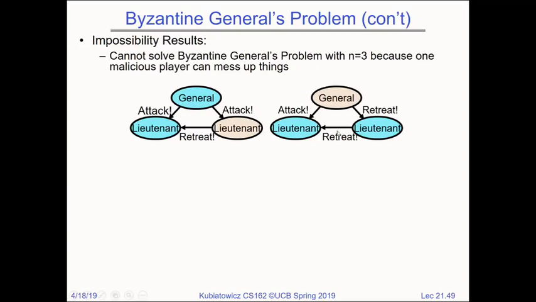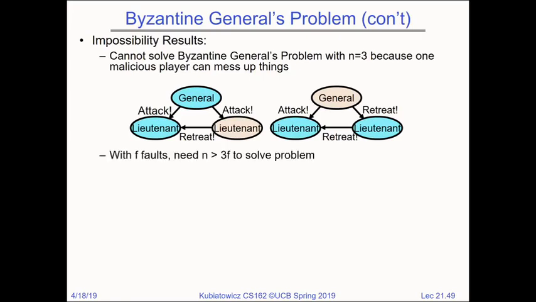And that's identical to this other scenario where the general is crazy, tells one lieutenant to attack, tells the other to retreat, and the second lieutenant, who's not malicious in this case, says, well, he told me to retreat. That poor guy on the left might as well give up now because he has no idea, right? So 3 is an impossibility result.